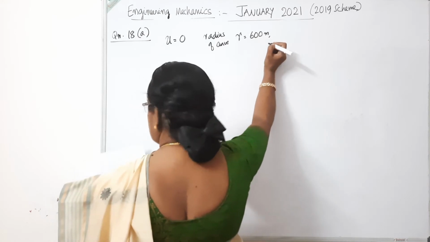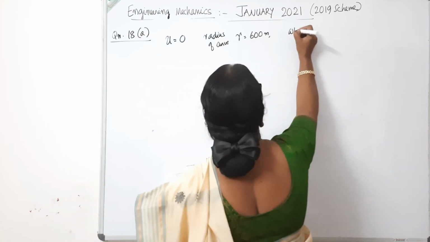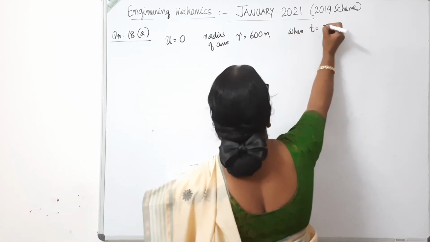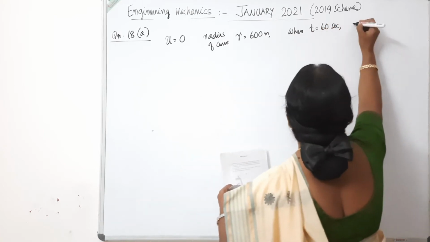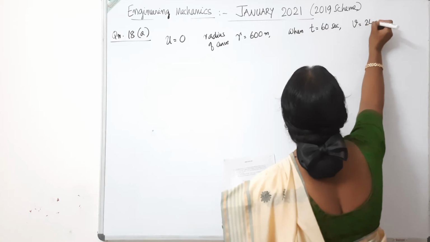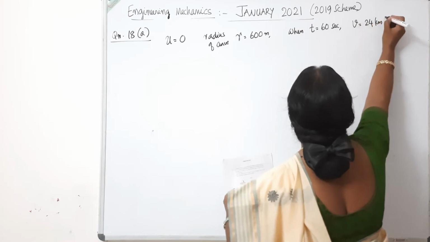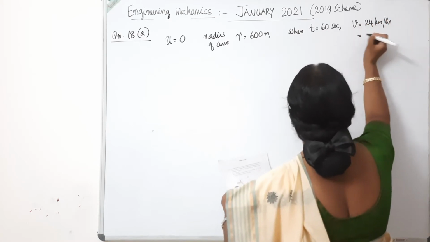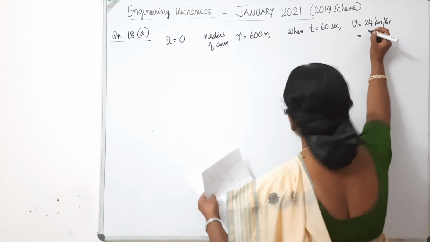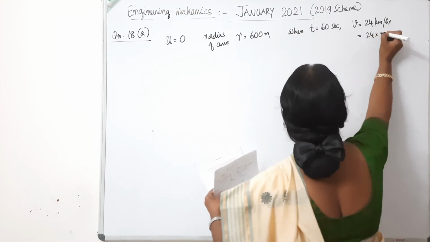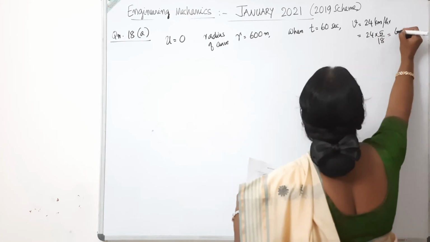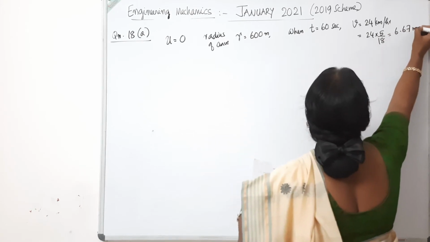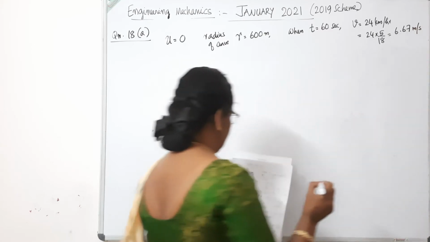When time is equal to 60 seconds, it attains a speed or velocity of 24 km per hour. You can convert it into meter per second: 24 into 5 by 18, 6.67 meter per second. So these are the given data.